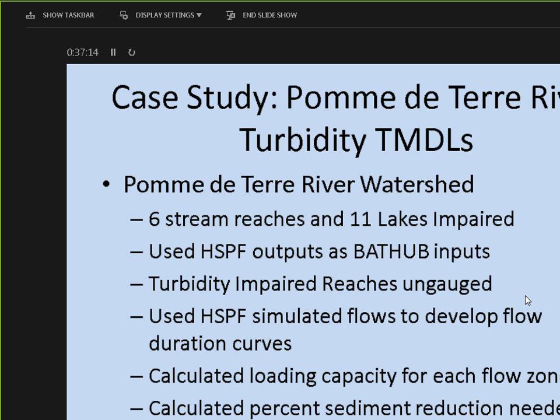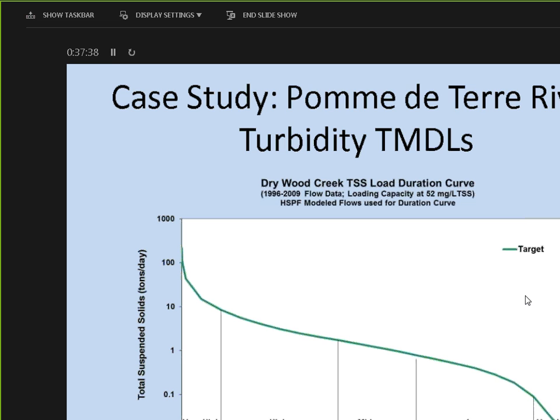So, a case study for the Pomme de Terre. Steve already covered this, and Steve used some HSPF outputs as bathtub inputs, but we also used them for the stream reaches. Some of the stream reaches were impaired for turbidity, and there was no gauge nearby. So what we did was we took the simulated flows from HSPF. Eileen Campbell in the Mankato office developed flow duration curves.